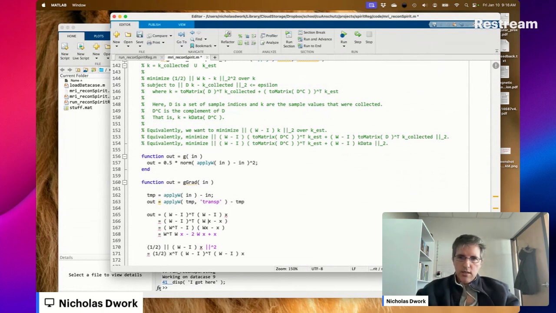Wait a second. Minus W transpose X minus WX plus X. I don't see how to make this any better. Okay.